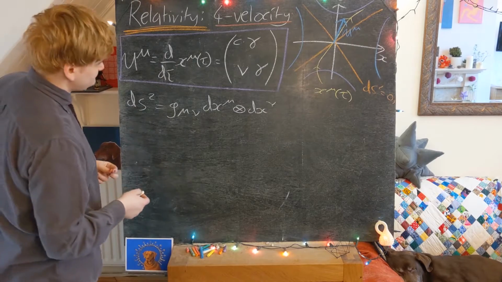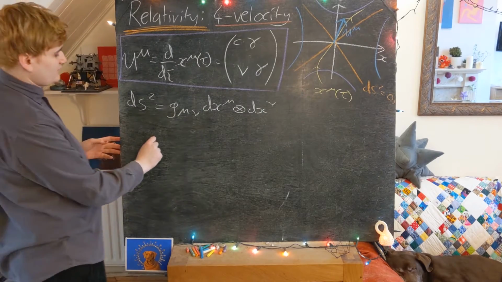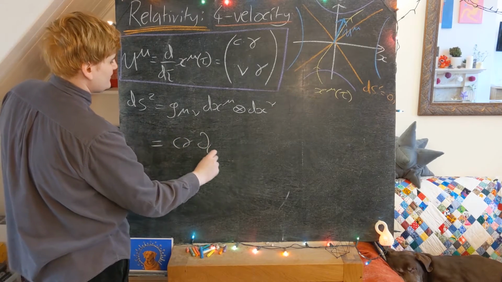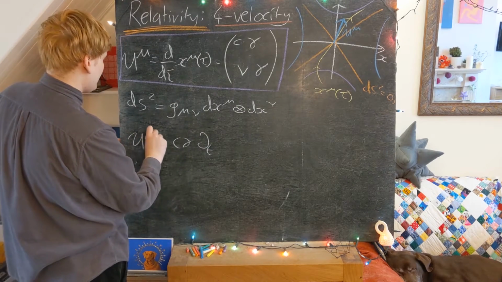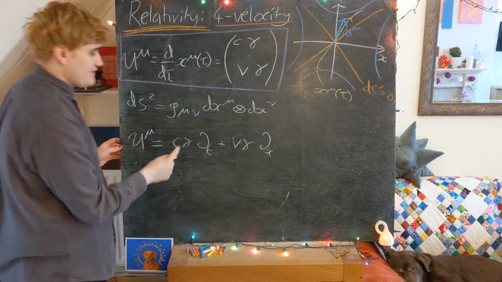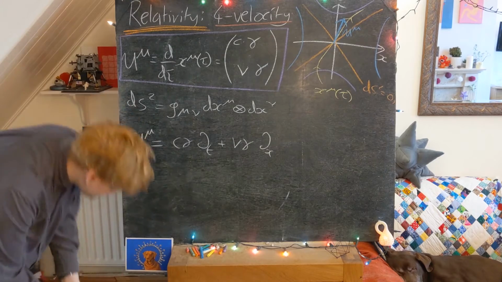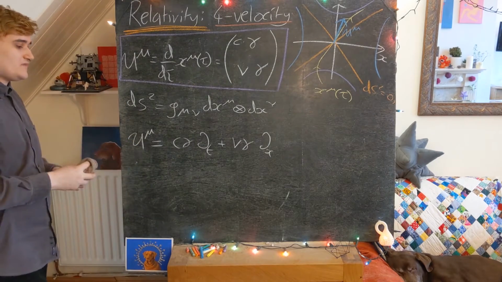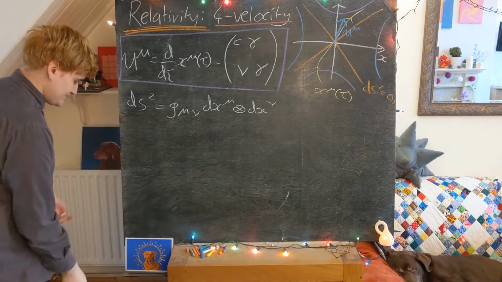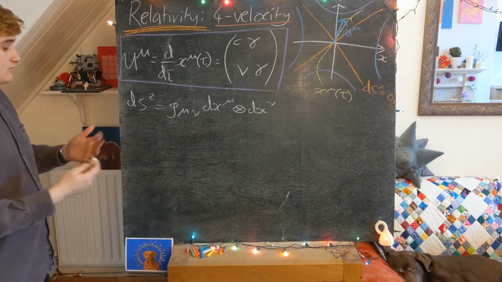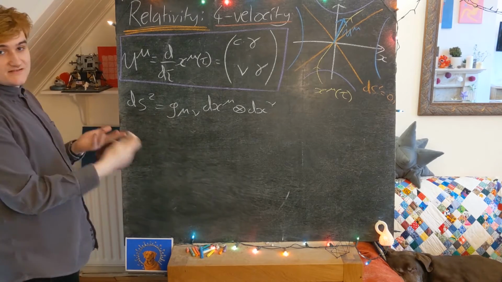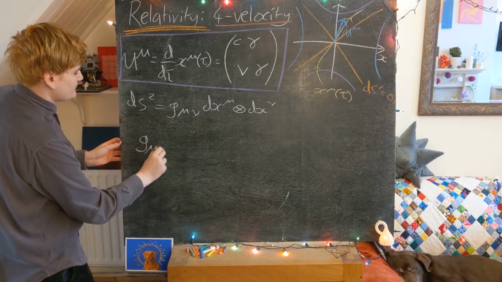Now I could go through the full calculation, say express the forward velocity using its basis, and then sub into the one forms and go through and do the whole calculation. But really, because the metric is so simple, we can skip a lot of those steps, or we could just remember what the metric essentially does when it acts on a pair of vectors.